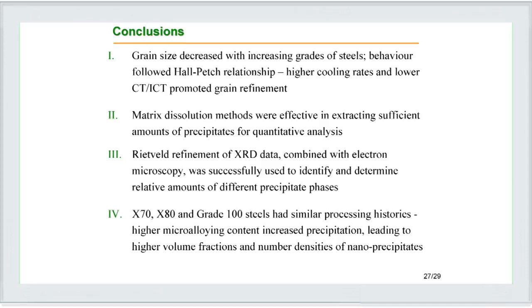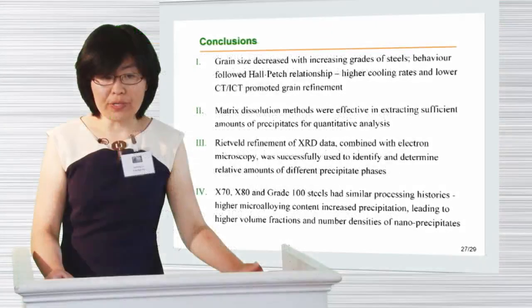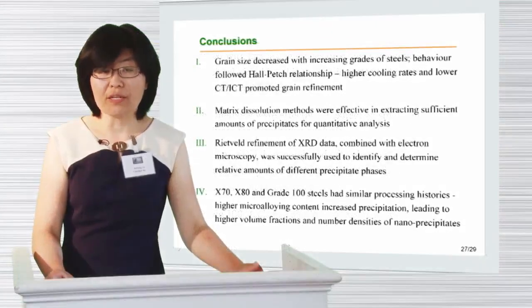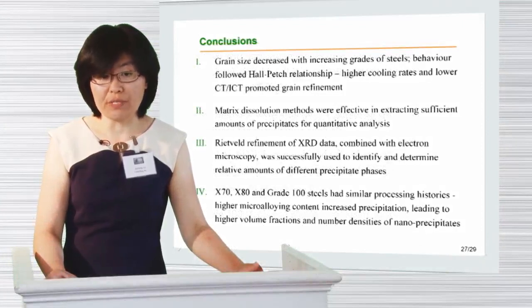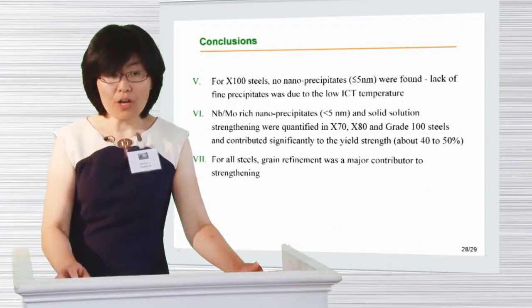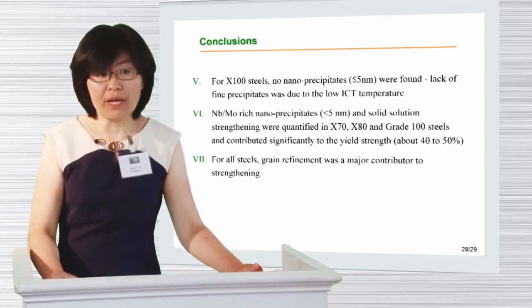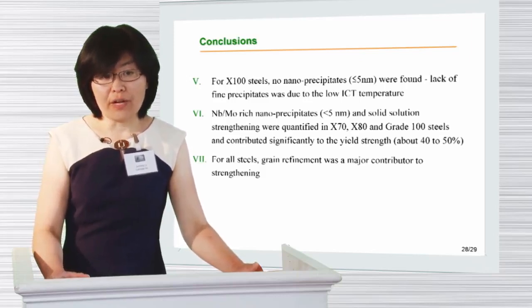different precipitate phases. For the X70, X80, and grade 100 steels, they had similar processing histories. Higher microalloy content will increase the precipitation, leading to higher volume fraction and number density of the nano-precipitates. For the three types of X100 steels, we didn't find nano-sized precipitates of about 5 nanometers in size.